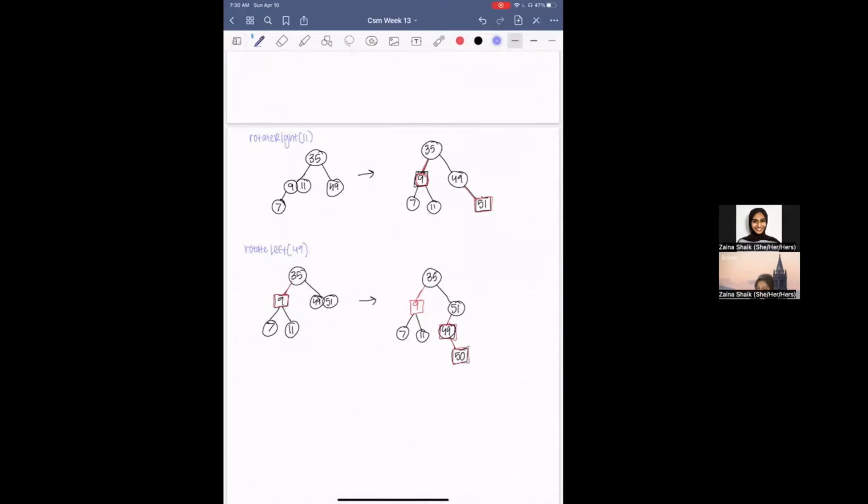So we would want to rotate left on 49. So for the sub-step, we can do 49, 50.